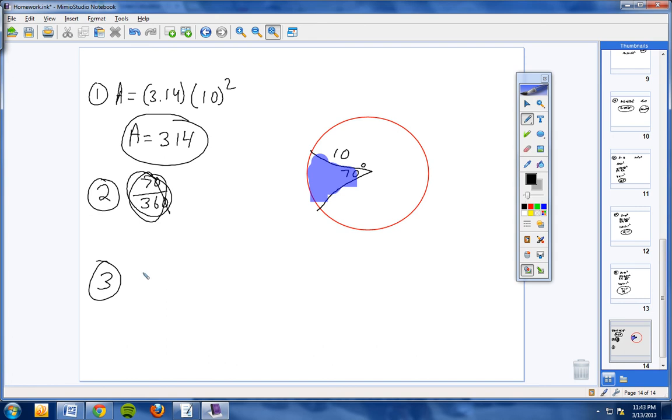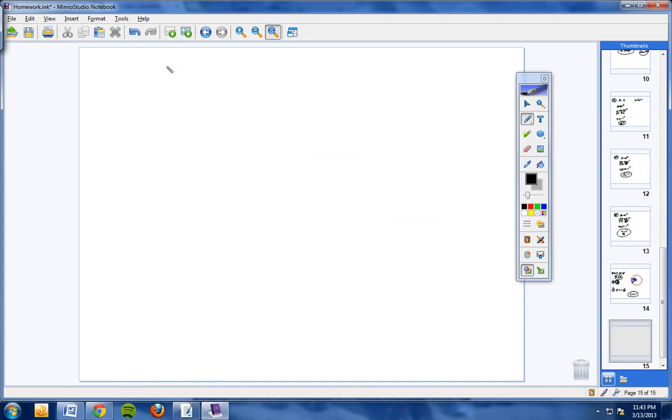You multiply them together. So we have 314 times 7 over 36. And if you do that correctly, and round to the nearest whole number, you will get 61 meters squared, because the radius was 10 meters. So 61 meters squared. Okay, we're going to apply this over and over to the next 2 problems.